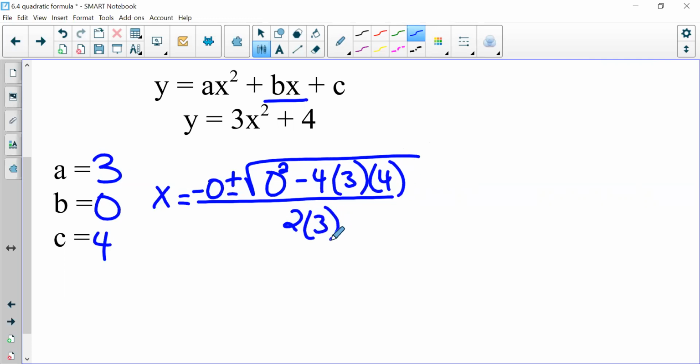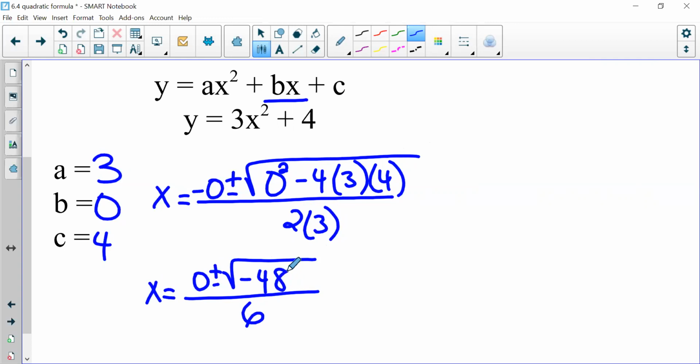So without trying to guess anything, if you just start using your formula, 0 squared is 0, minus 4 times 3 times 4. What do we get underneath here? What do you guys get right here? Negative 48.